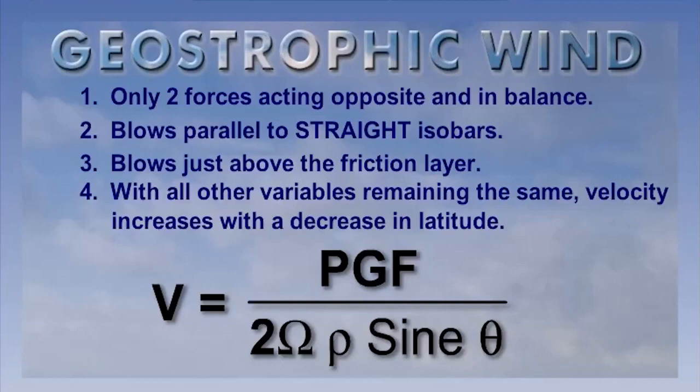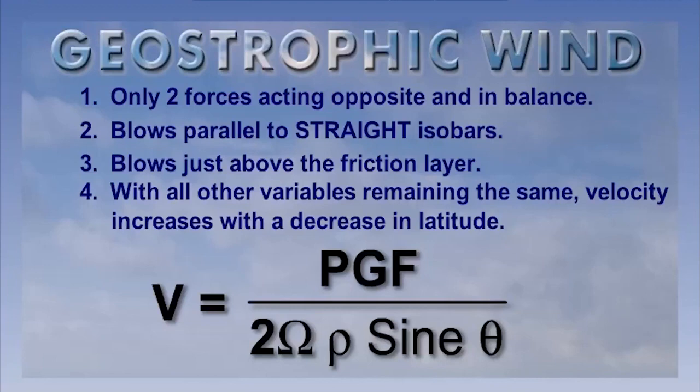So even though we may have a constant pressure gradient force, and therefore a constant isobar spacing, the velocity of the wind will increase with a decrease in latitude. Note, though, that for the geostrophic wind, this will only be true down to latitudes of 15 degrees, because between this latitude and the equator there is no Coriolis force, and so geostrophic winds do not blow.